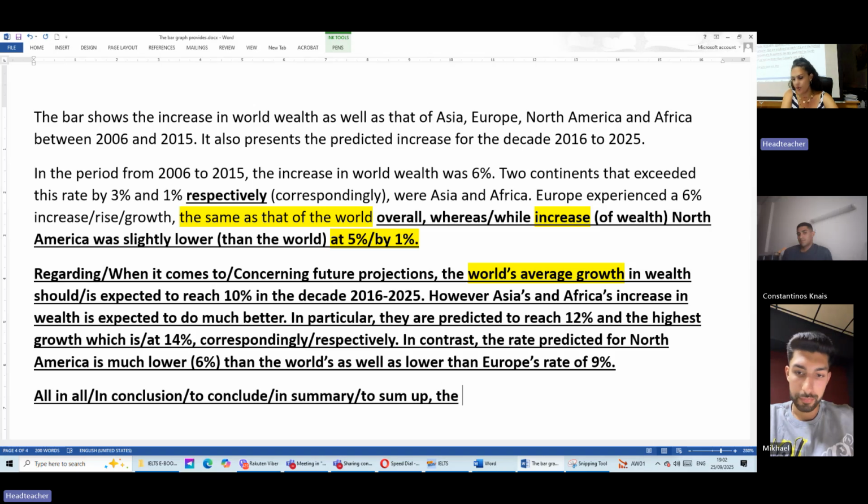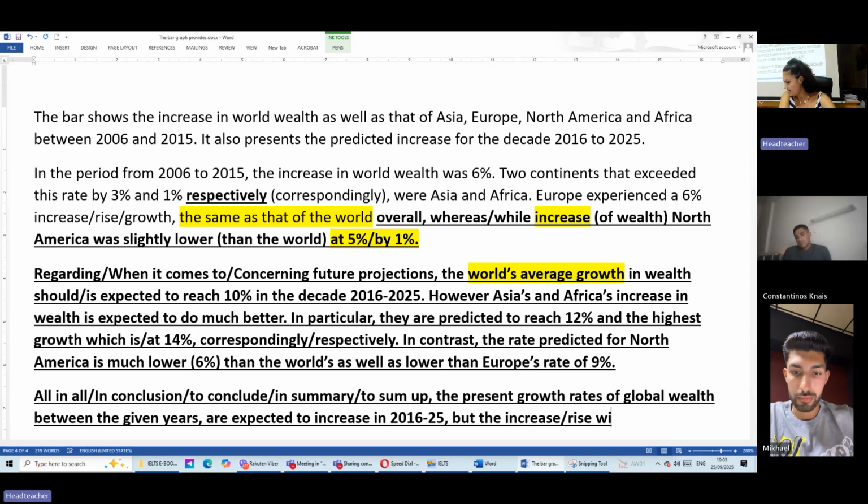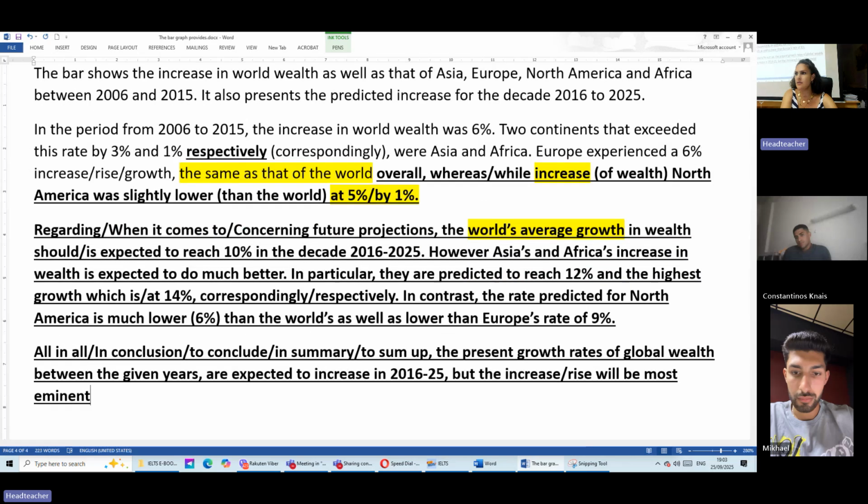So to sum up, the present growth rates, which are the red ones, of global wealth between the given years are expected to increase, but the increase or the rise will be most eminent, prominent, profound, significant in which continents?